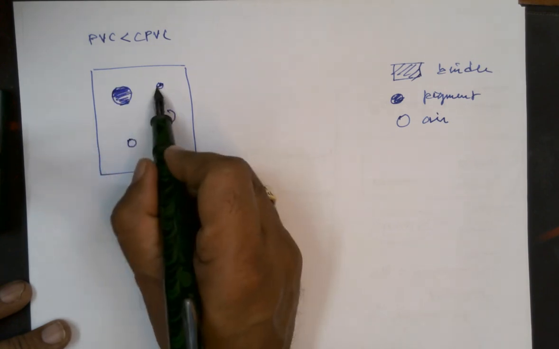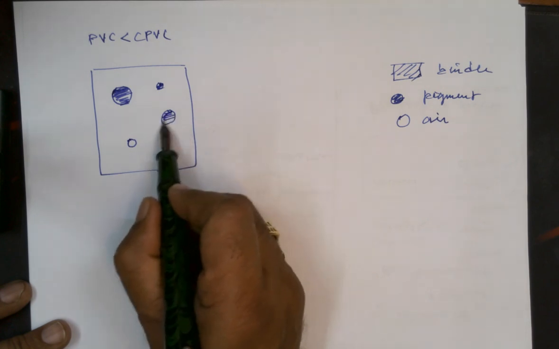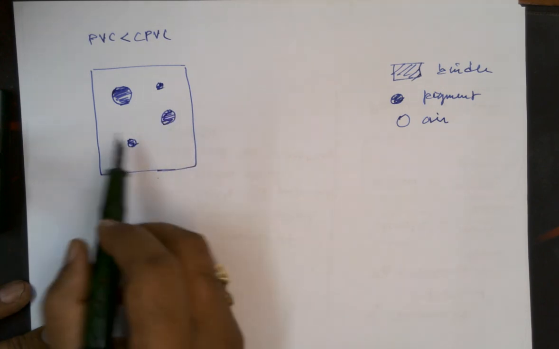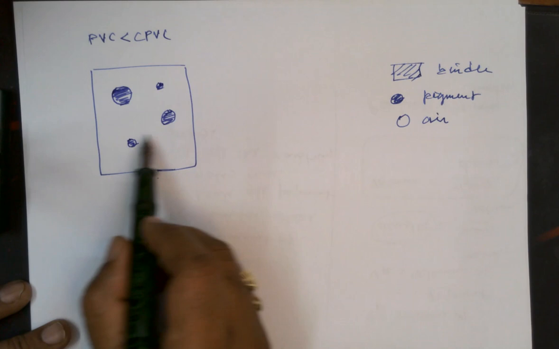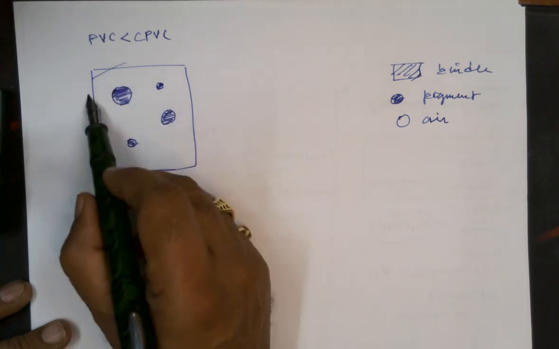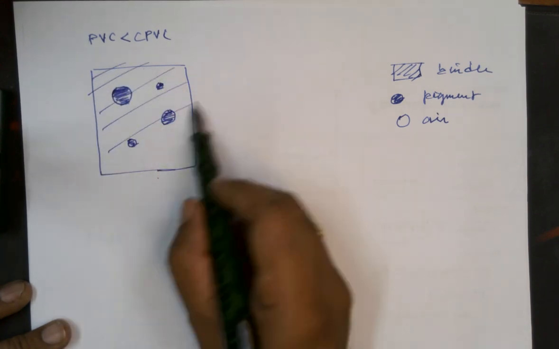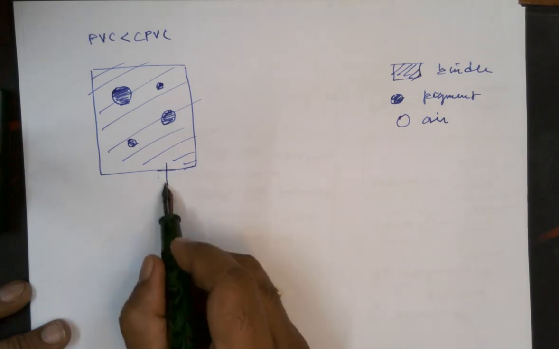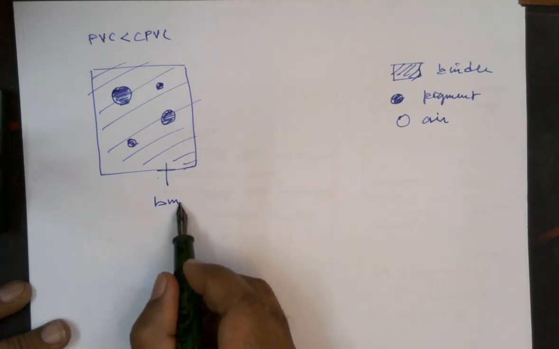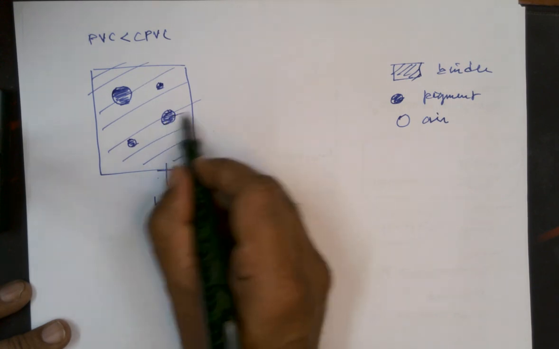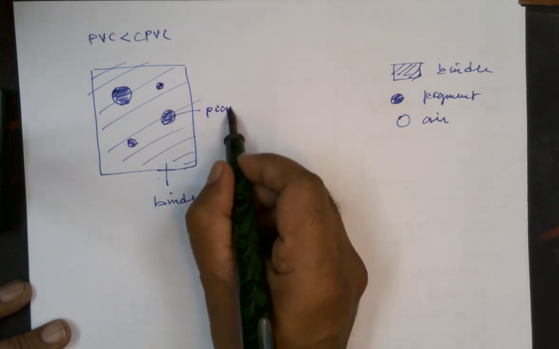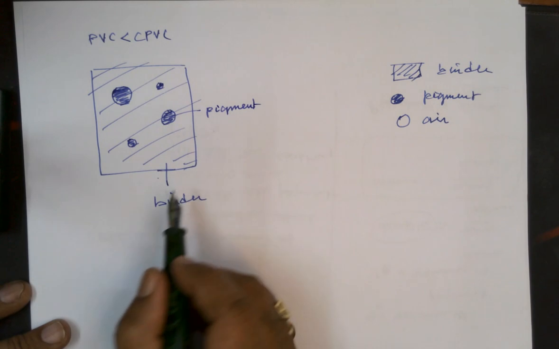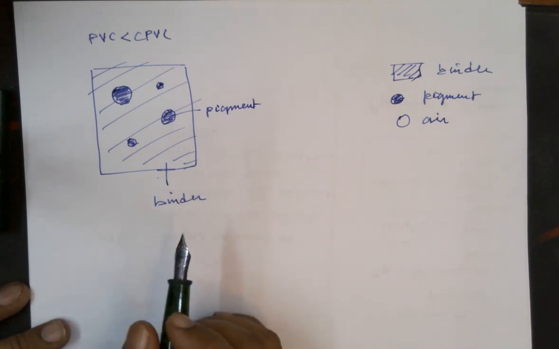Okay. So here the pigment volume concentration is less than the binder volume. So this is the binder and this is the pigment. I hope by this illustration it is very clear.